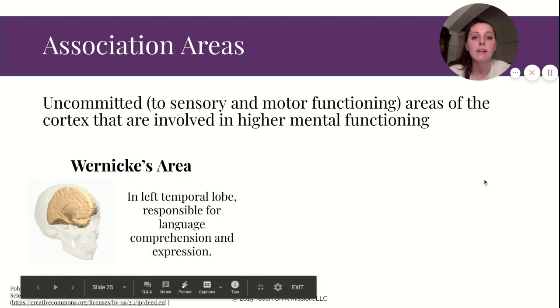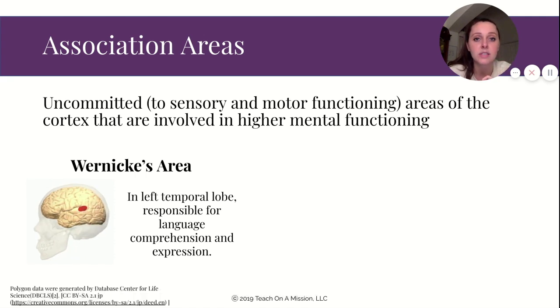So we have our Wernicke's area. Now let me tell you all the different pronunciations I've heard for this word. I've heard Wernicke's, it's just like how his last name started with a W, but it sounded like a V. I've heard it pronounced the same way here, Wernicke's area. If you hear it different, know that we're talking about the same thing. But this is located in the left hemisphere of your temporal lobe. Make note of that.